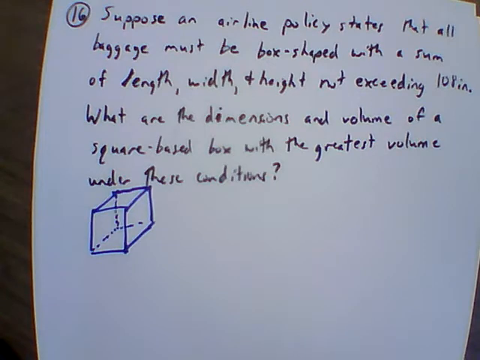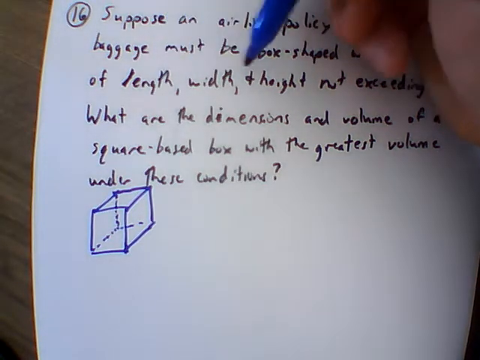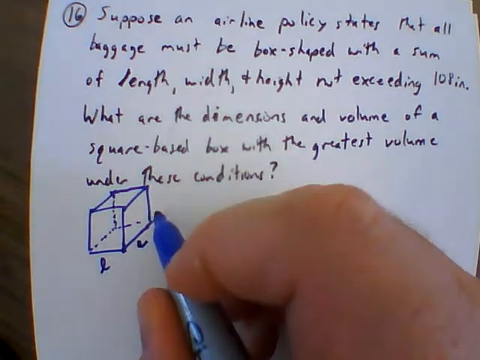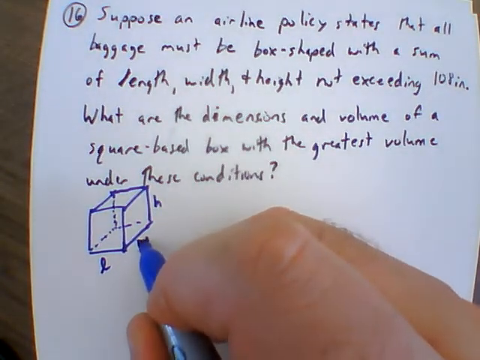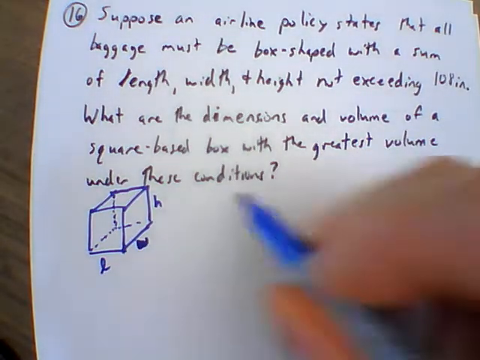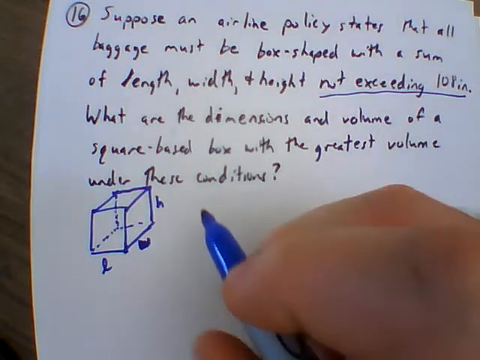As we look at this, we want the volume of this box, but we need to know some constraints on here. We talk about the length, width, and height. However you want to state it, this could be the width, this could be the length. Whatever is happening here cannot exceed 108 inches.